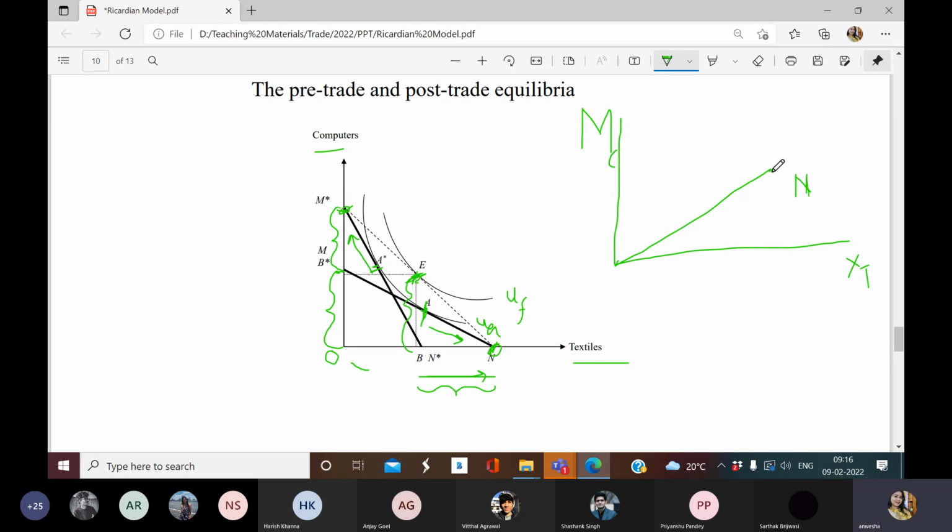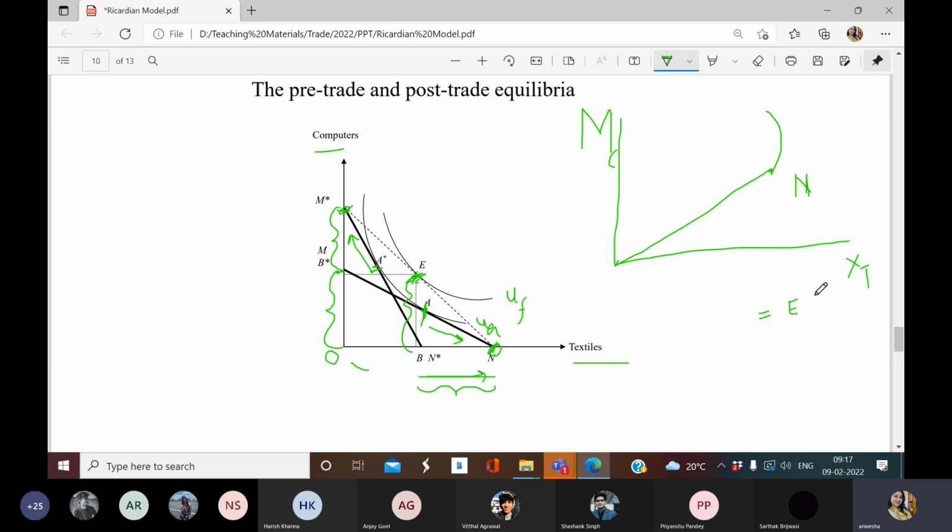At this point, you are producing only textile. And after that, what will happen? After that, it will have the standard shape, convex downward, because after that, if you want to export more, this XT is the gap between domestic production and supply. So this is nothing but your excess supply.